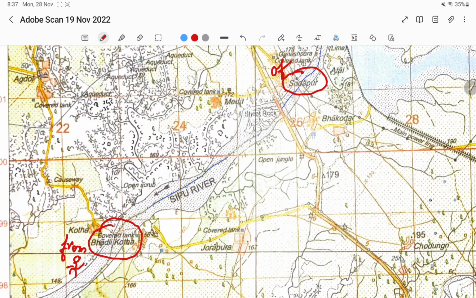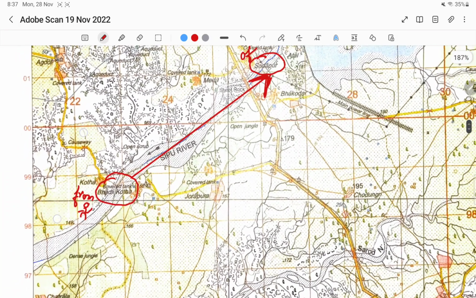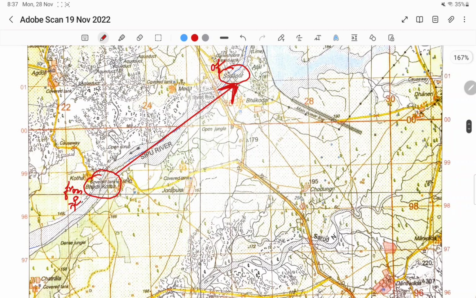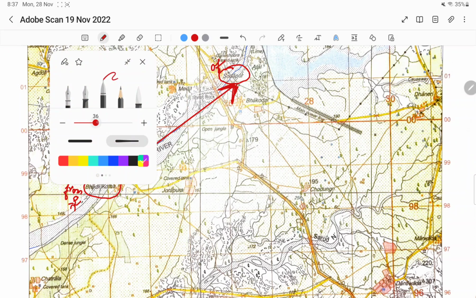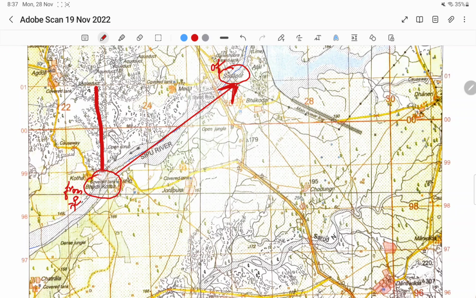Wherever "from" is written, you have to stand over there and see where the other one is situated from that particular point. So as you can see, this will be the direction of Sodapur. And now let me draw a clear compass for you guys to clearly understand what will be the actual direction for this.